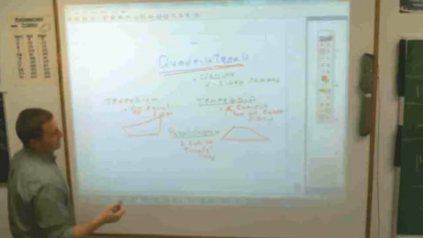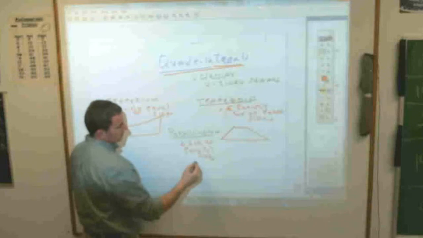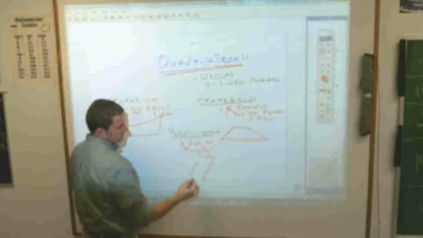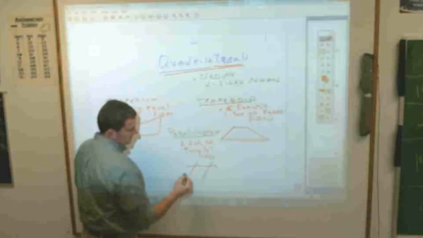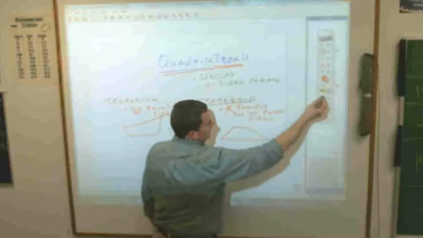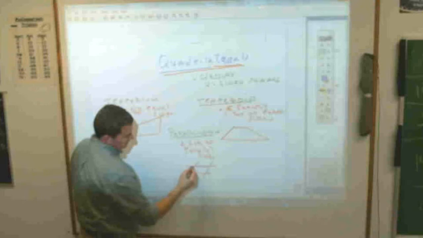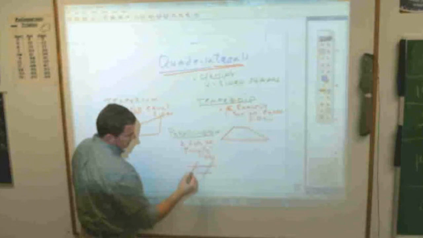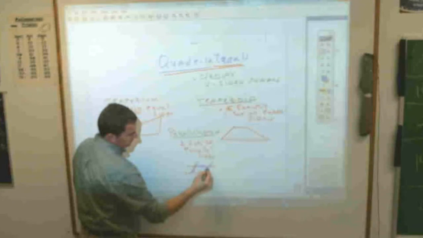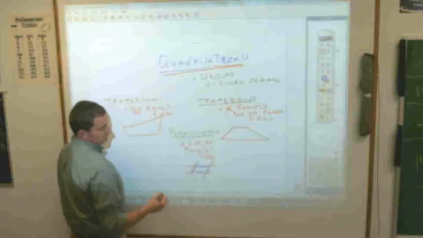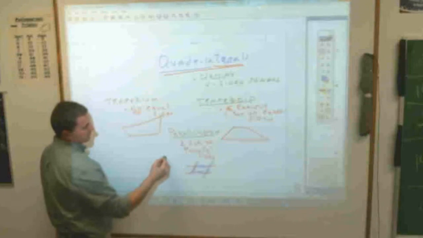And one way to make that would be to do this. You could draw parallel lines like this, draw parallel lines like this, and then color in the middle. This, this, this, and this. That would be your parallelogram. Something like that.